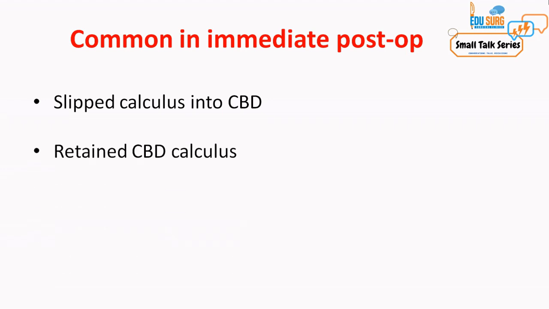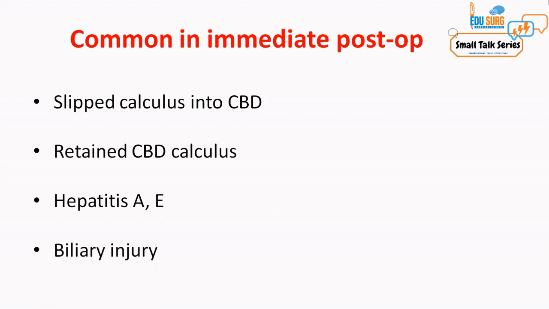A common bile duct calculus which was missed before surgery, hepatitis A and E. Now these are very common, and unlike what we think, they can present in postoperative period as jaundice and can create confusion postoperatively, as the most common thought in a surgeon's mind is biliary injury when we see jaundice, but it can also be hepatitis A and E.